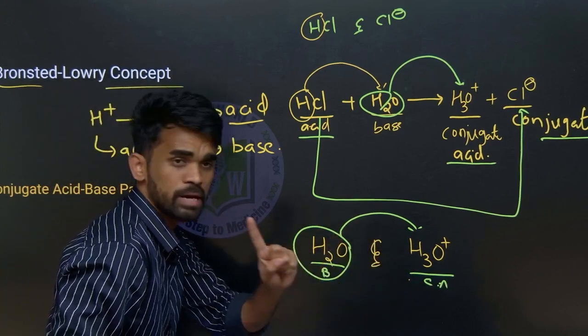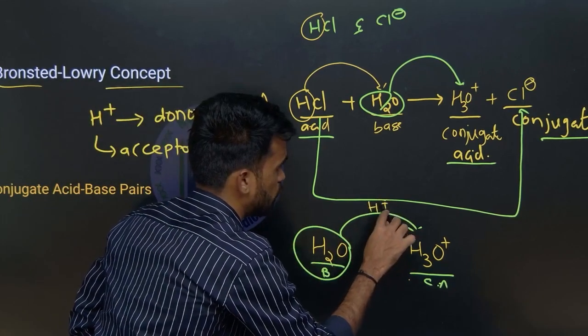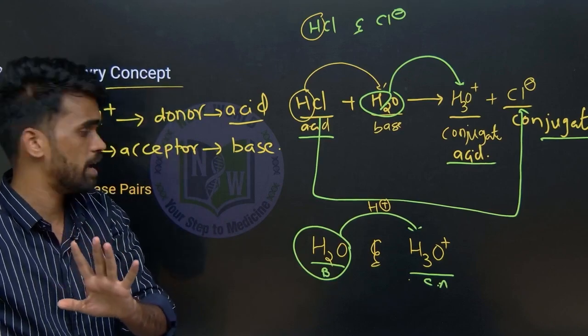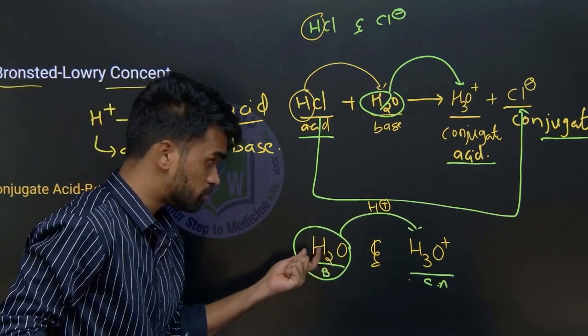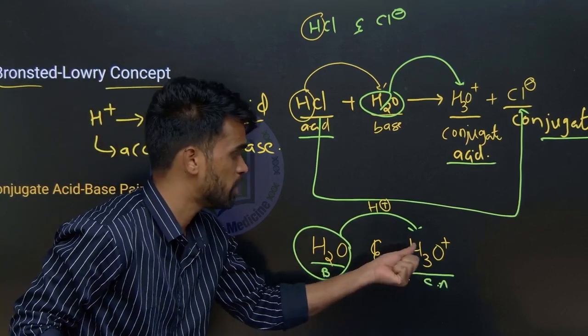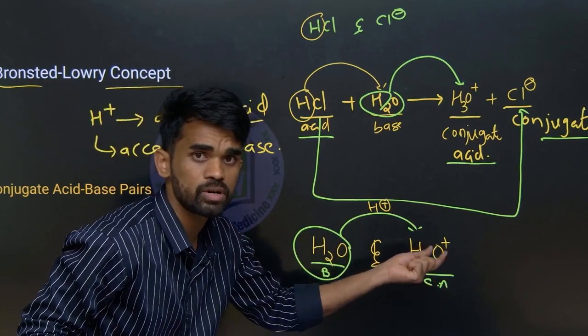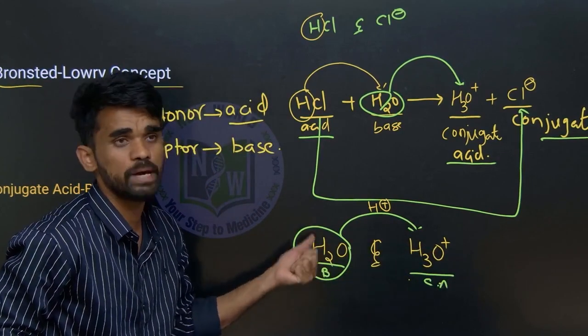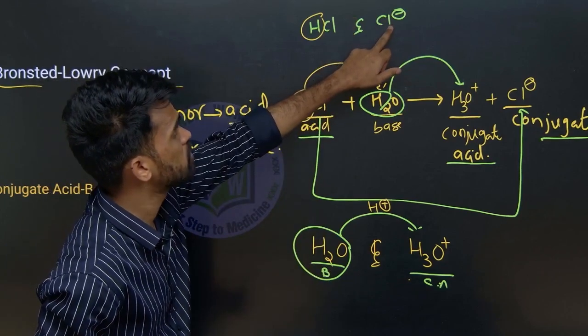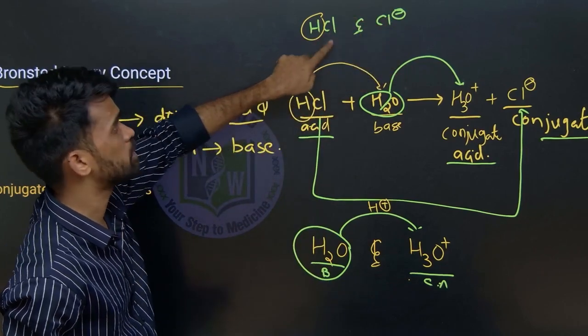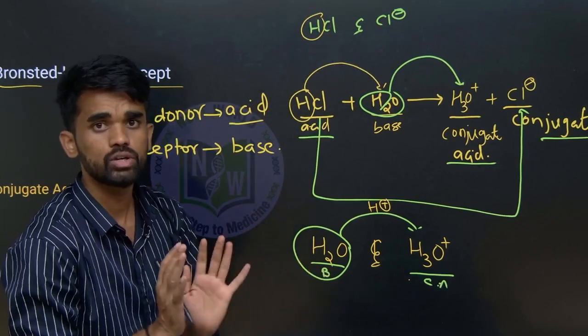They just differ by one H plus ion. So always remember, the conjugate acid will have one proton more than the respective base, and the conjugate base will have one proton less than the respective acid. This is what you need to remember.